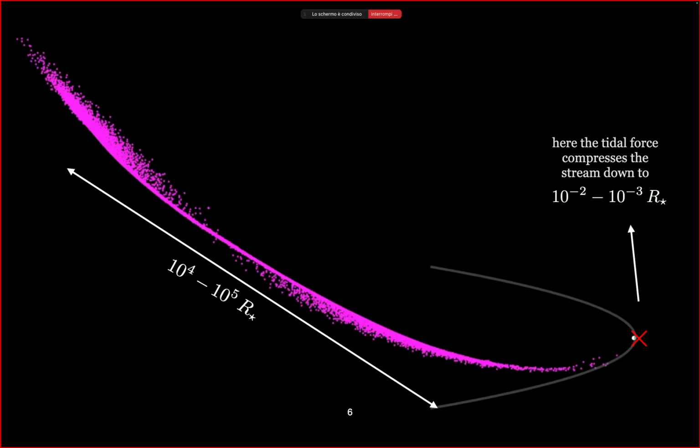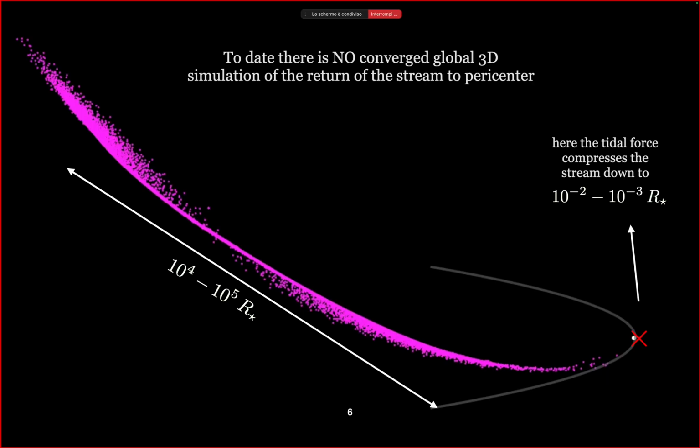And the reason why this problem is so computationally expensive is that the stream is expected to be compressed down to 10^-2 to 10^-3 solar radii, while its longitudinal extent is of 10^4 to 10^5 solar radii. And so you need to resolve like 10^6 orders of magnitude, which has never been done yet, in the sense that there is still no converged 3D simulation of this part of the evolution.